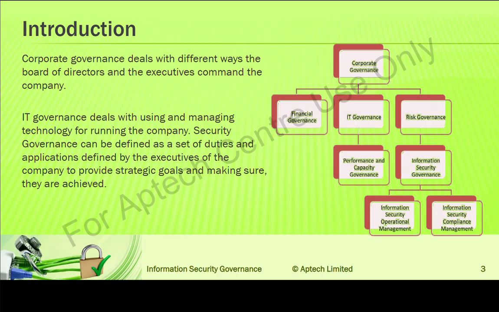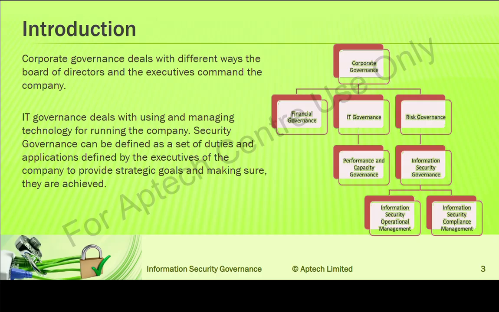If you look at this structure, we have from corporate governance to finance governance, IT governance, and risk governance. Under IT governance, you have performance and capacity governance. Under risk governance, we have information security governance.